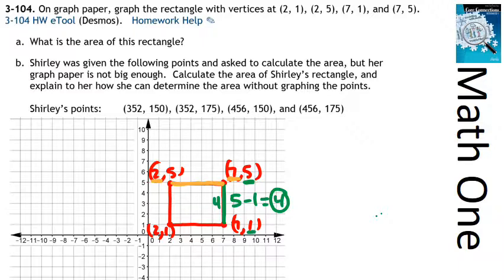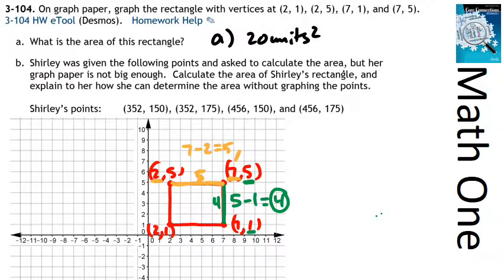When I go from 2 to 7, I'm traveling 5 units, and I could get that by taking 7 and subtracting 2. So this dimension is 5. Again, I can count that. Now, 5 times 4 is 20. So the area for part A is 20 units squared.